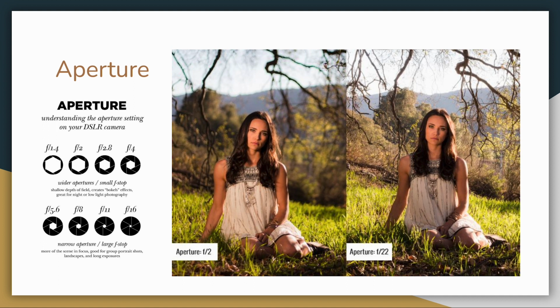The same goes the other way, where if your opening is small, so an aperture of 22, for example, you'll have less light coming in, but you'll also have a greater range while focusing. So both your foreground and your background will be in focus.